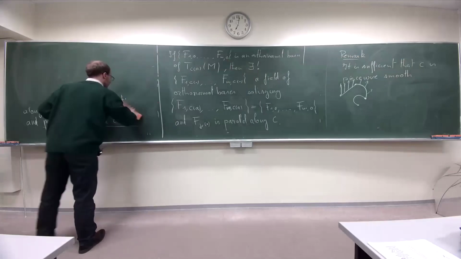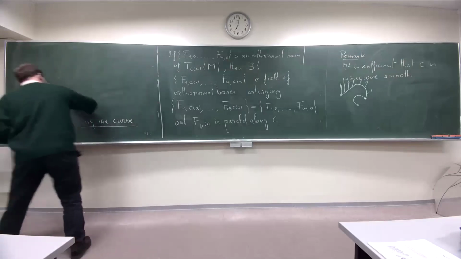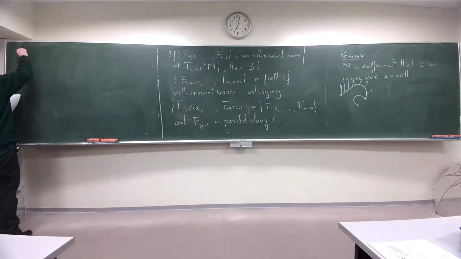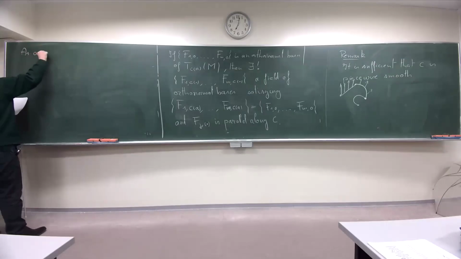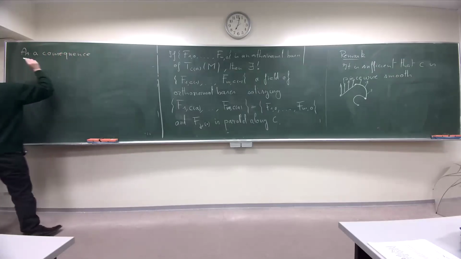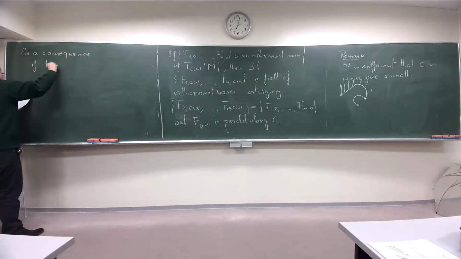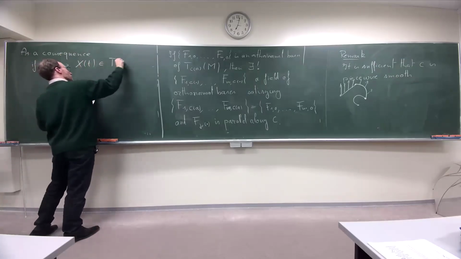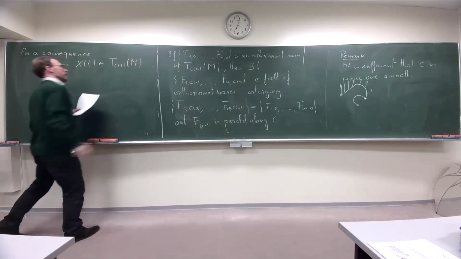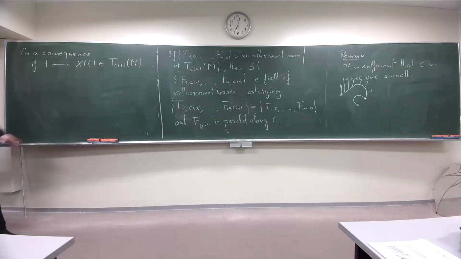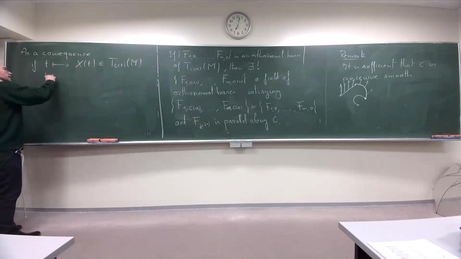The proof is not difficult. As a consequence of the previous statement, if t goes to x of t, so I change slightly the notation, because as I said, you don't need to know the vector field everywhere. So instead of writing x of c of t, I just write x of t. And take a second one.